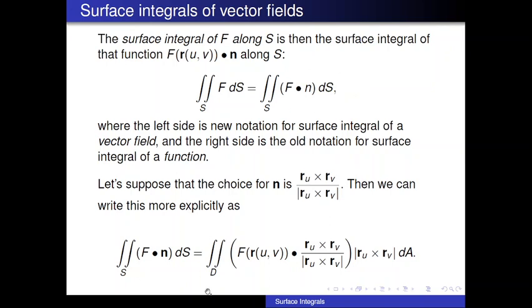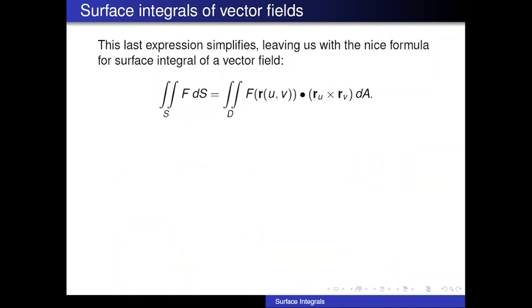We can write it more explicitly by pulling back to the region D of the UV plane that parameterizes our surface and integrating over that region the function that is given by F of r of uv dot the vectors n, but then we have to multiply by that area factor that the function r performed. And oh my gosh, lucky us, that length of that cross product is now in the numerator and denominator of this expression, and so it cancels out, which is rather nice.